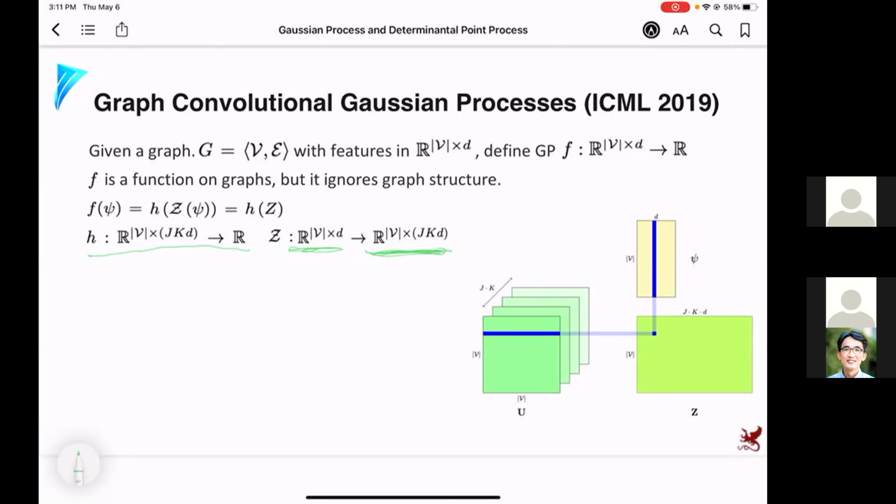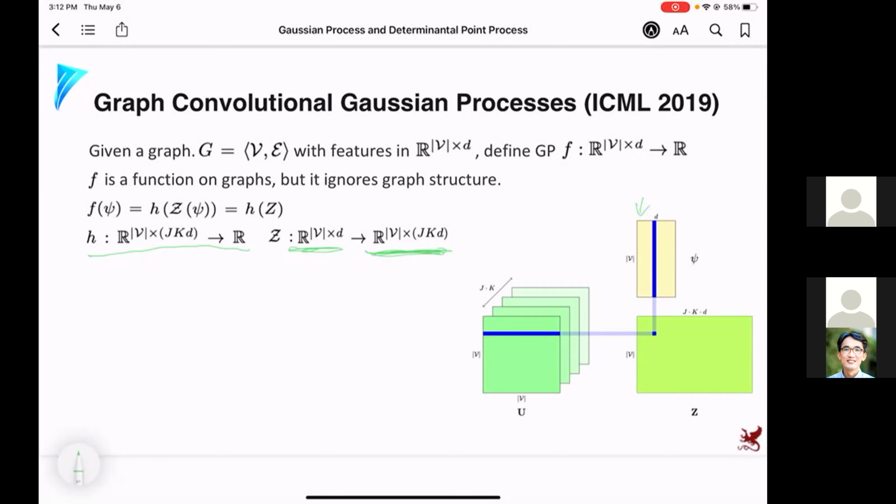If we visualize everything, before I only have this node feature corresponding to this phi matrix here, with cardinality of V times D. It's a node feature. But then I want to come up with different ways to capture the correlation between nodes.